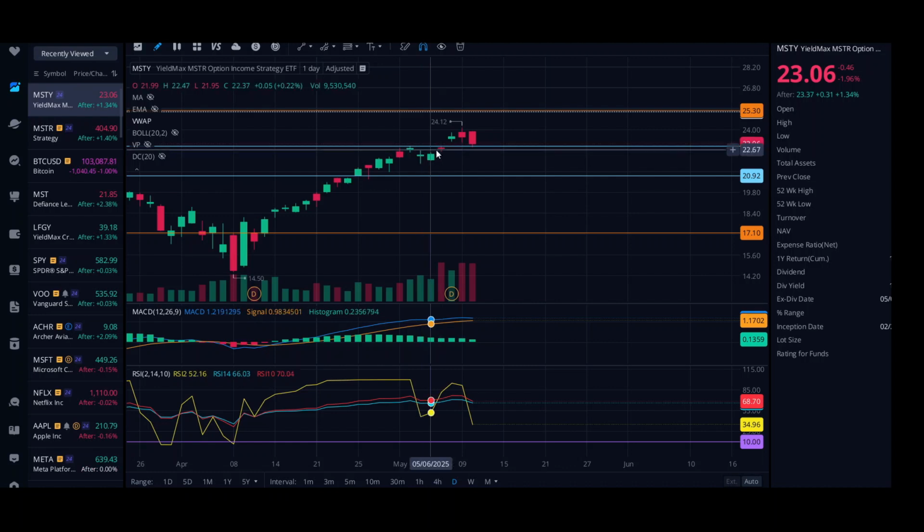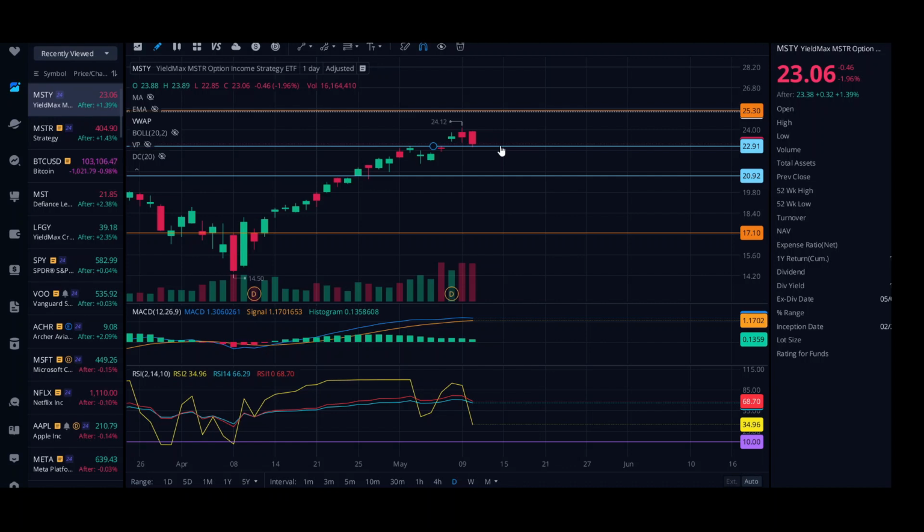And then late last week, it did break through. And now, as you can see, today's candle, we did come down and test it. So we'll see if we can use this line now as a support line, as that would be a very good sign of MSTY moving on up.